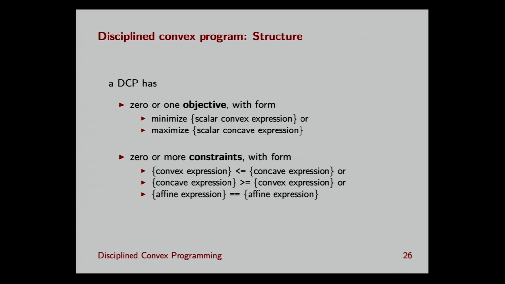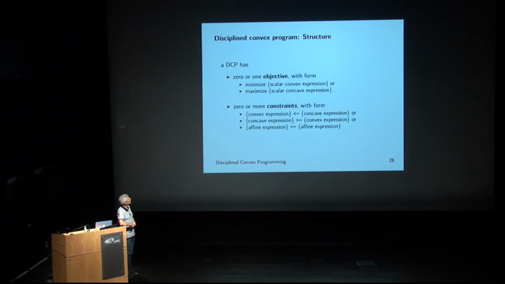So it's this. A DCP consists of the following. It has 0 or 1 objective, and an objective can either be minimize a convex expression or maximize a concave expression. And it can have 0 or more constraints. And these have to have the form convex less than concave, concave bigger than convex. I mean, that's just silly. By the way, when you have convex less than or equal to concave, you subtract the concave from both sides, and you get convex minus concave less than 0.